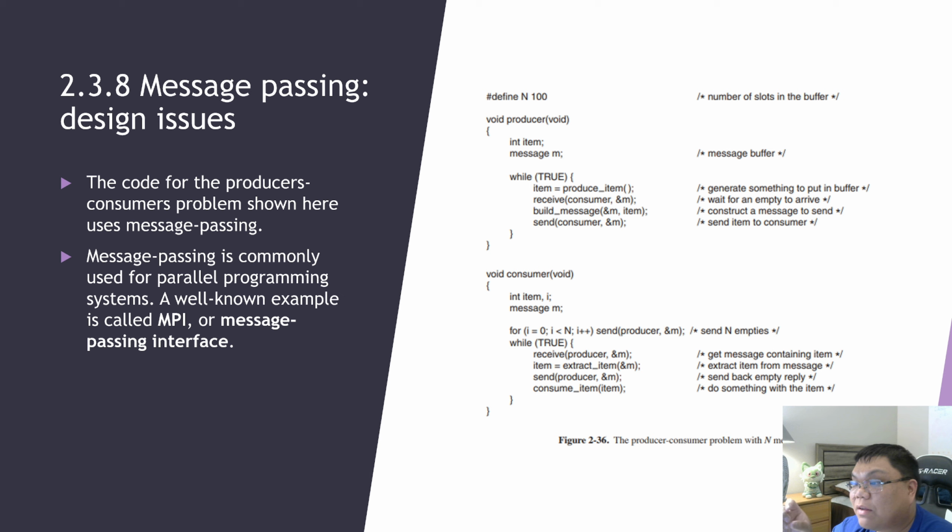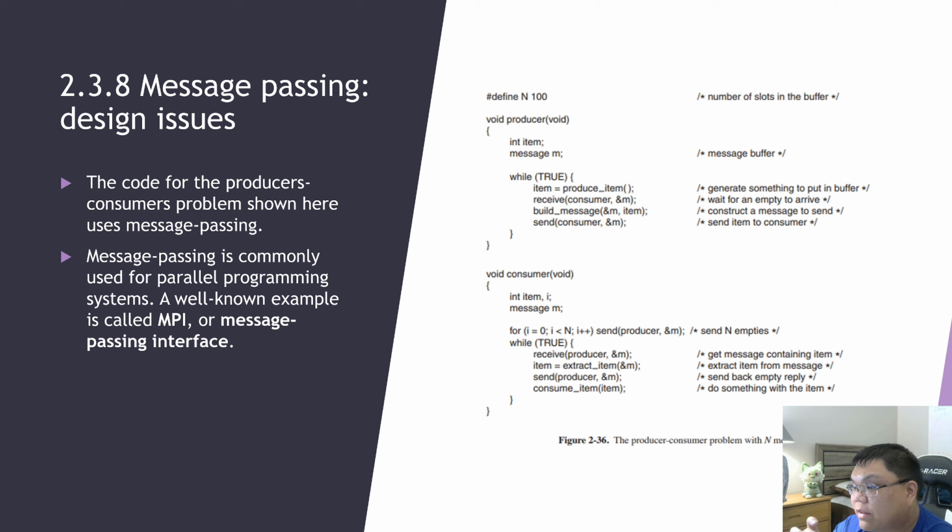So in this setup, the producer produces an item. It generates something to put in the buffer. It waits for an empty to arrive. Then it builds a message to be sent, and then it sends an item to a consumer.